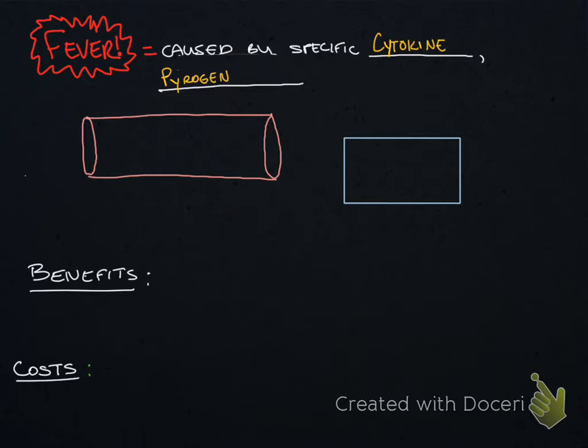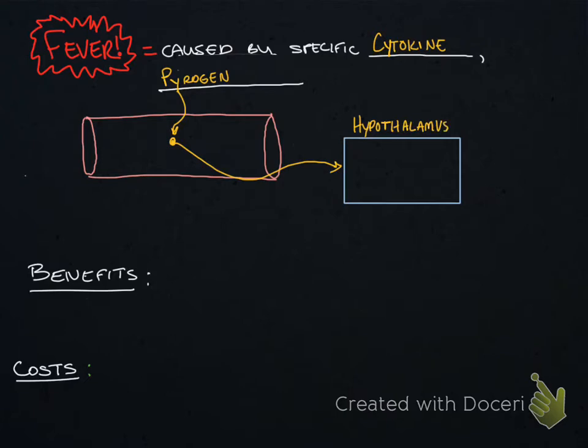So let's say you get infected by a pathogen, your neutrophils come in, they attack it, and they release this pyrogen from their granules. So what does this pyrogen do? Well, the pyrogen is released into the blood, and it travels to the thermostat of your body, and that happens to be the hypothalamus.